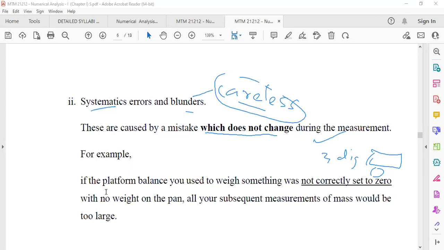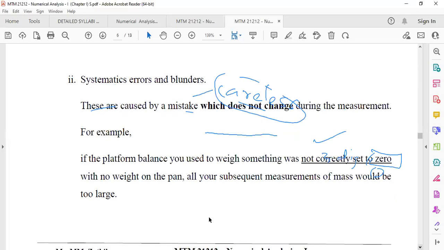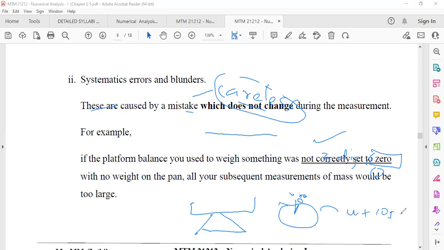For example, in a platform balance, that's what I have drawn earlier also. Let's say this is our weighing machine. The platform balance we used to weigh something was not correctly set to zero. Even in our weight machines, if the machine has some problem coming to zero, if it is at the 10th value, our weight will show the weight plus 10 grams or anything.